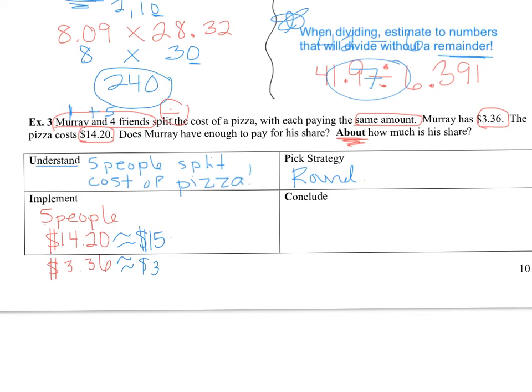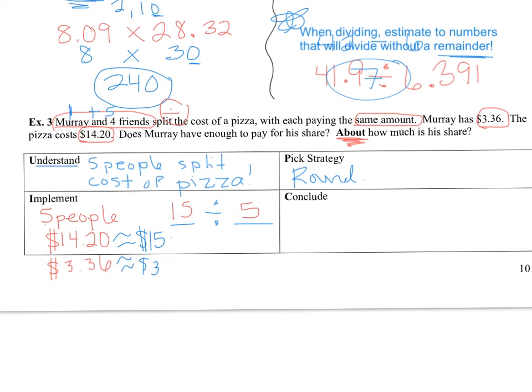Okay, so what I want you to do on your own is set up a division problem. Tell me what numbers need to be divided here and what number has to go first. So try that on your own. All right, so it looks like we have to take the cost of the pizza divided by how many people.